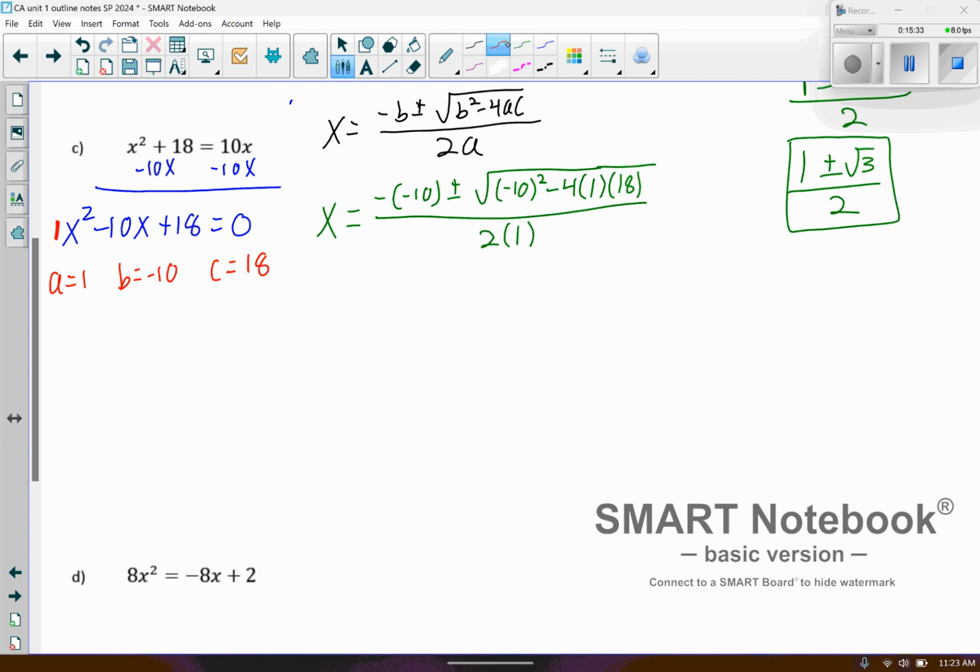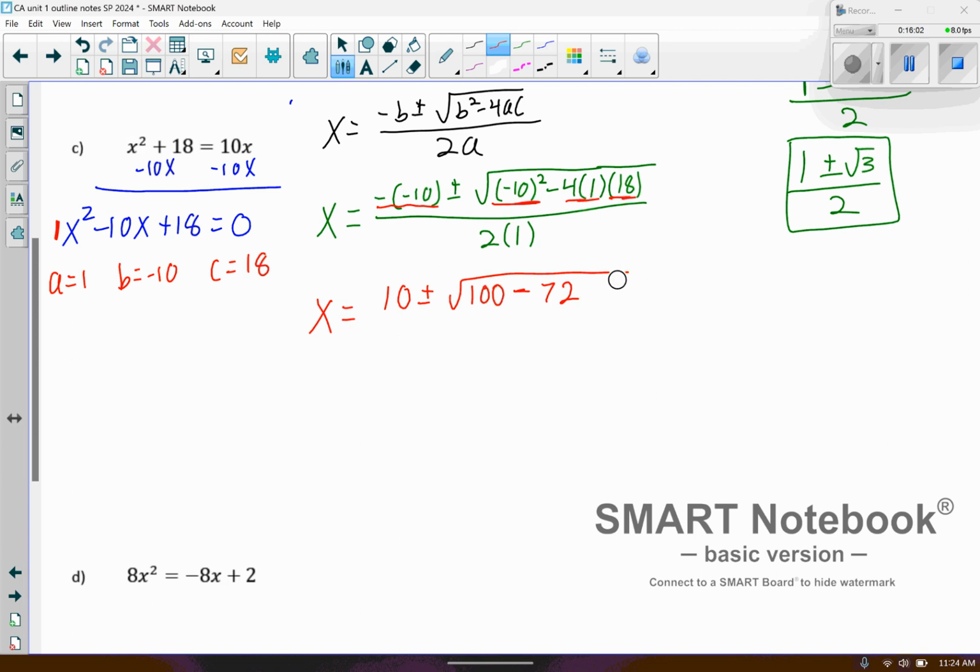Now let's clean this up. So right here we got the double negatives, so that's going to become positive 10 plus or minus the square root, and then negative 10 squared, negative 10 times negative 10 is going to be positive 100. And then let's see, we got 4 times 1 and then times 18. So that's going to be minus, let's see, I believe that's going to be 72.